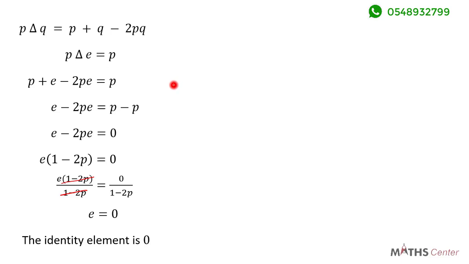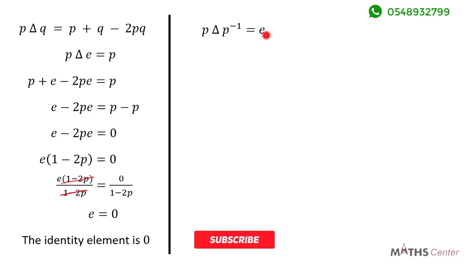The next part, we are going to find the inverse function. We have just learned that if the binary operation is delta, then we can say that P delta P inverse will give us E. And when we find P inverse, that will be the inverse function for the binary operation. So let's find P inverse.